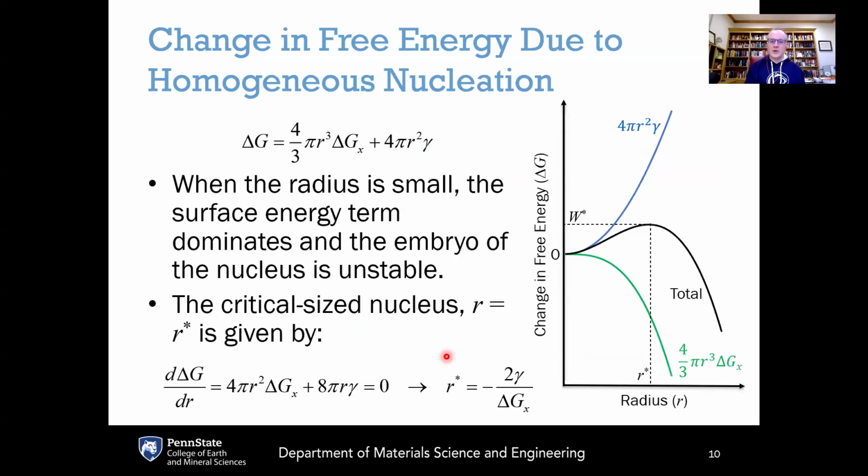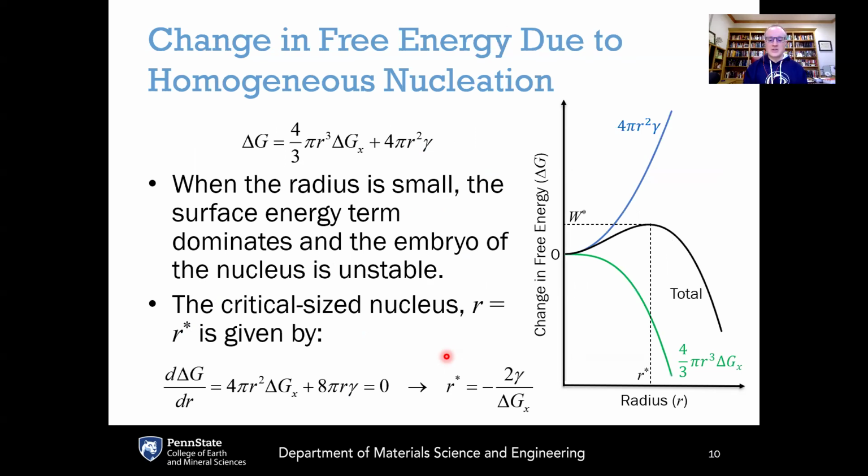So let's start with homogeneous nucleation, the simpler case, and then we'll build heterogeneous nucleation on top of that. Now, what we're going to do is describe nucleation in the context of classical nucleation theory. And classical nucleation theory makes a few assumptions.